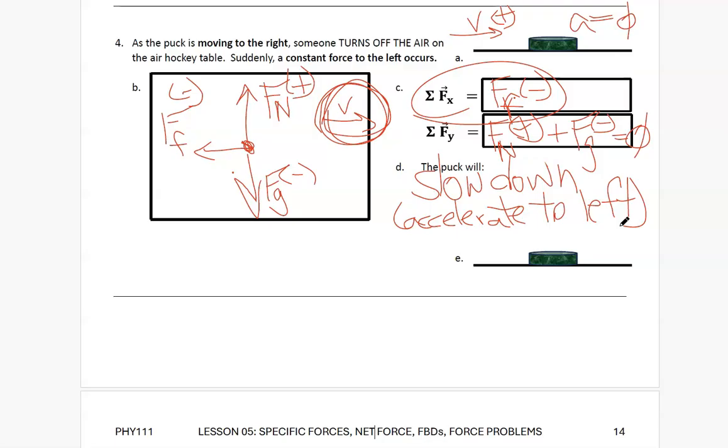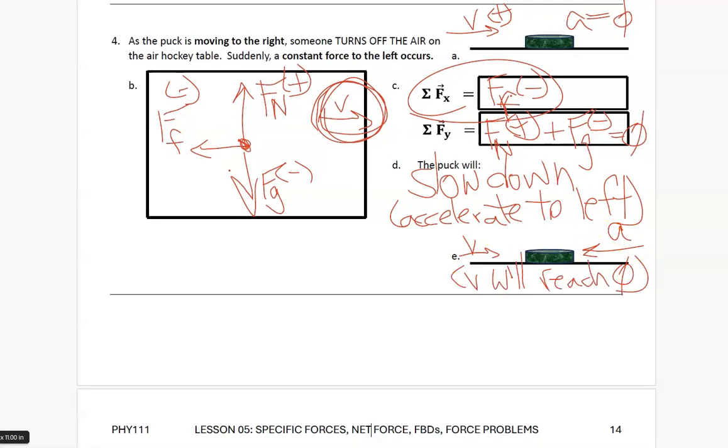So we have a velocity that's still going to the right. It's just smaller, and the acceleration is to the left. And another way to say that is the velocity is at the moment positive, but our acceleration is negative.